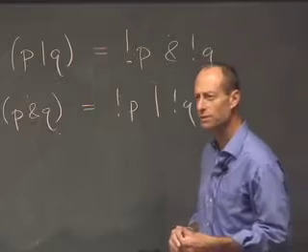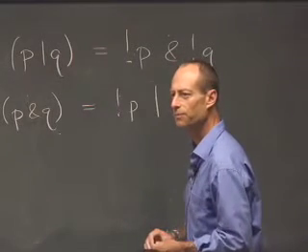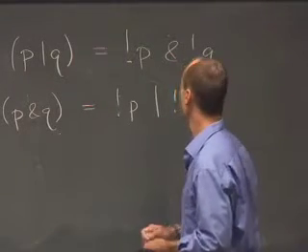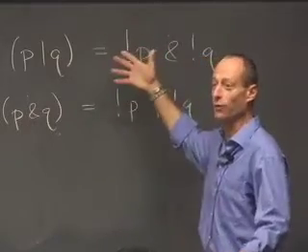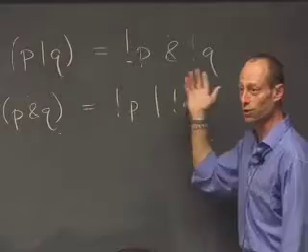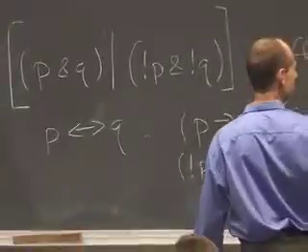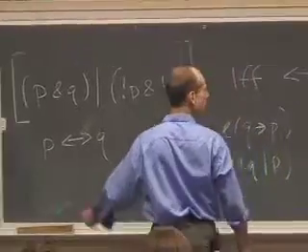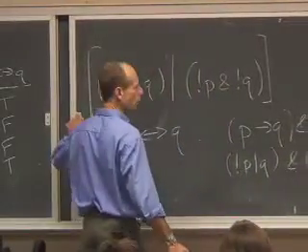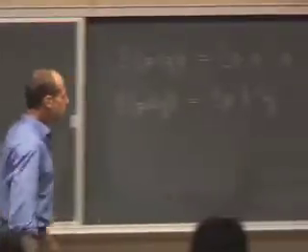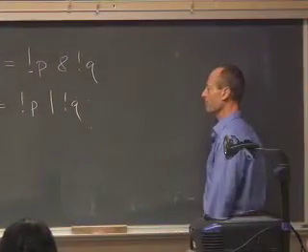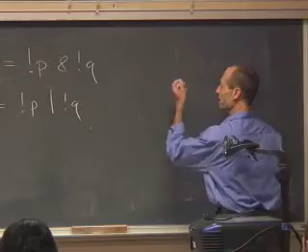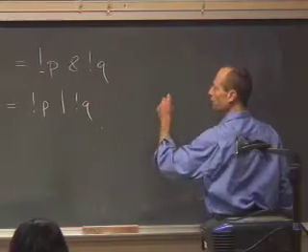Yes? Can you explain the logic? Okay, well, we can just work it out, to show that these two things really are logically equivalent. So what does the truth table look like?